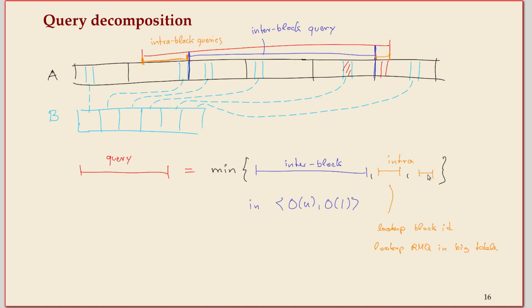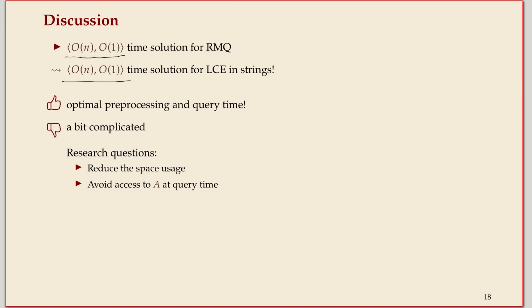To find which of the minima of the three parts that we partitioned the query into, we still need to access the array to find out which of the partial solutions is the overall solution. And it's possible to find data structures that don't need that.